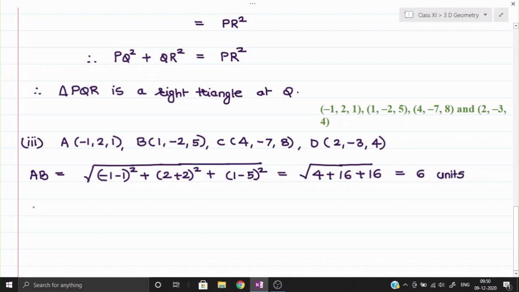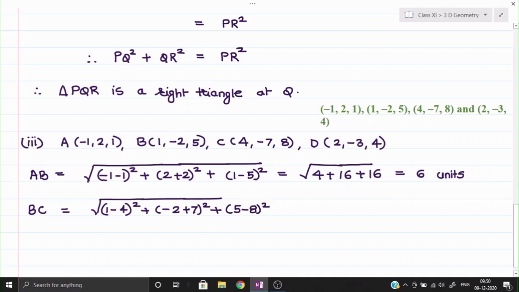Similarly, we can find out the second value here, BC. Okay, I am finding in sequence. Later on, we shall compare. First BC: (1 - 4) whole power 2. Second one is here (-2 + 7), and third one is here (5 - 8) whole power 2.